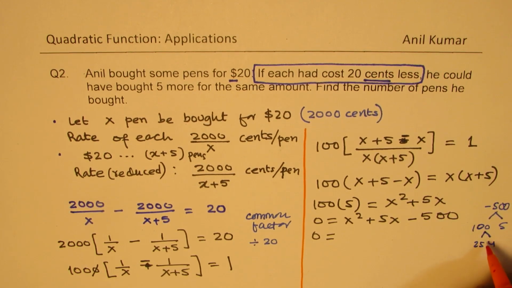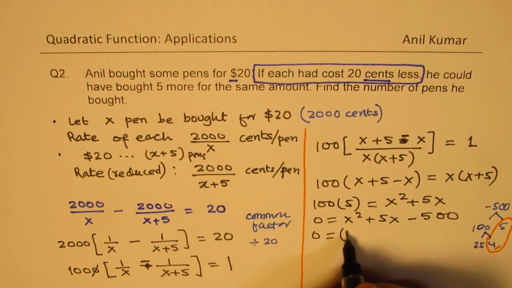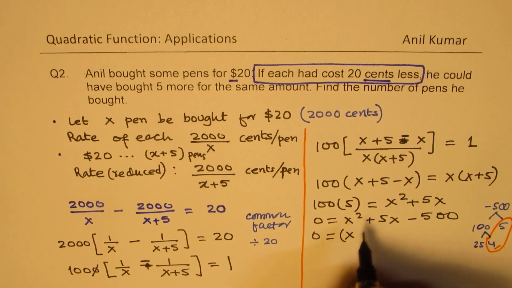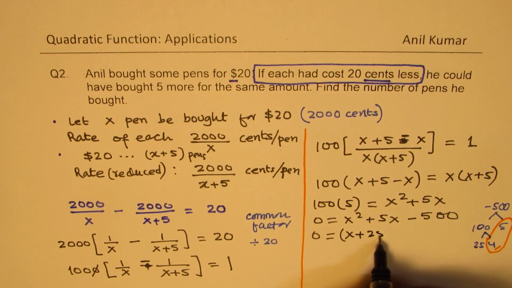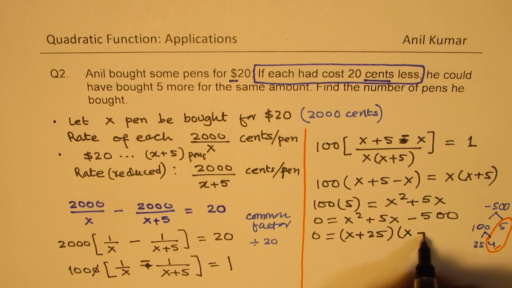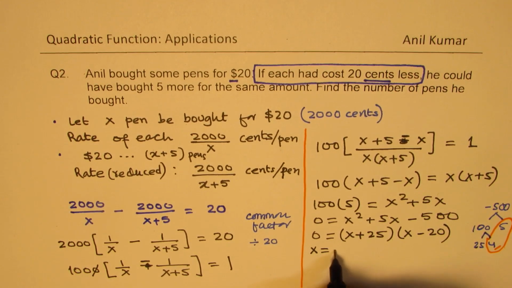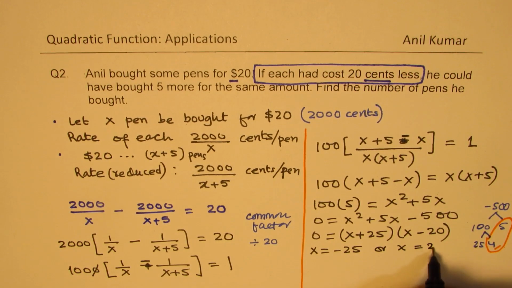And now if you combine these numbers, we get 25 and 20, right? Keeping this as negative will give you 5. So we can factor this. So we get this as x, we need this as positive, so x plus 25 times x minus 20, clear? So that means x is equal to minus 25 or x is equal to 20.